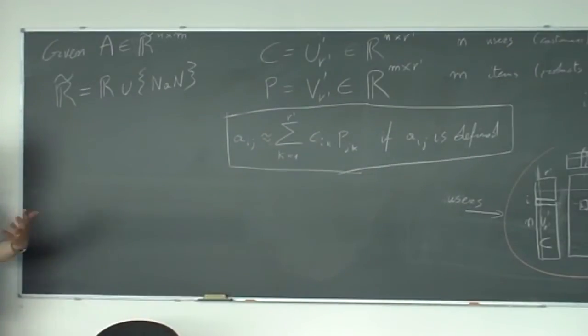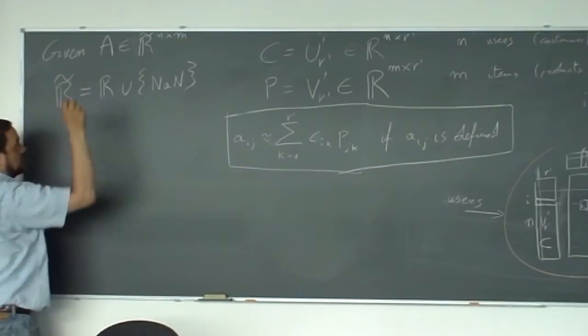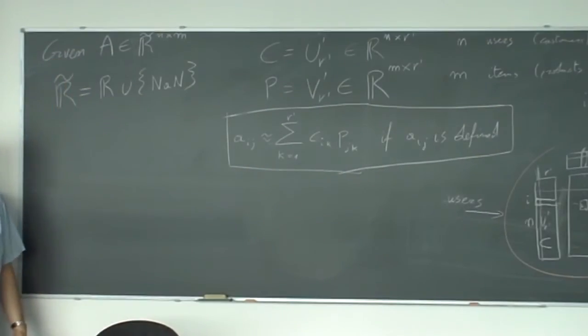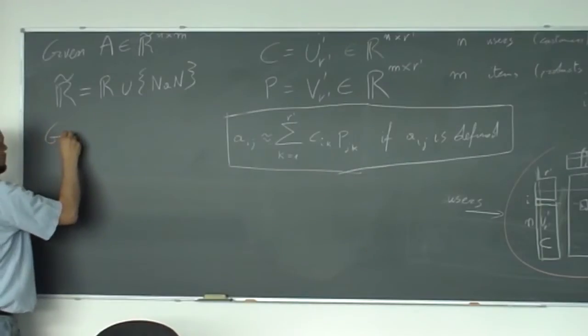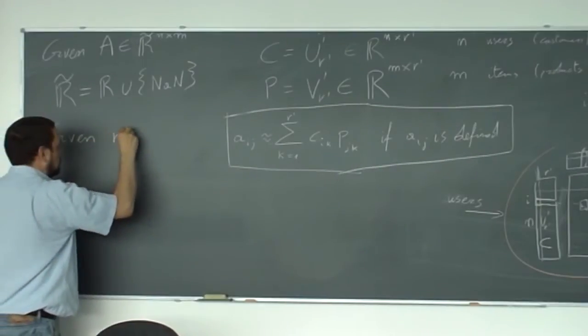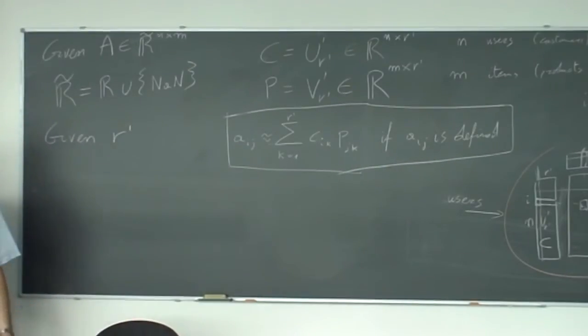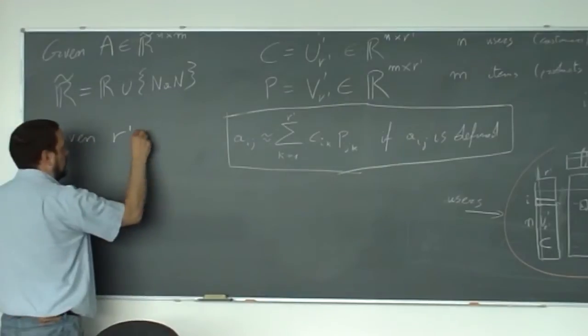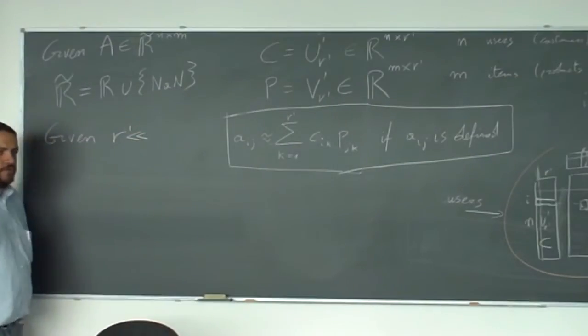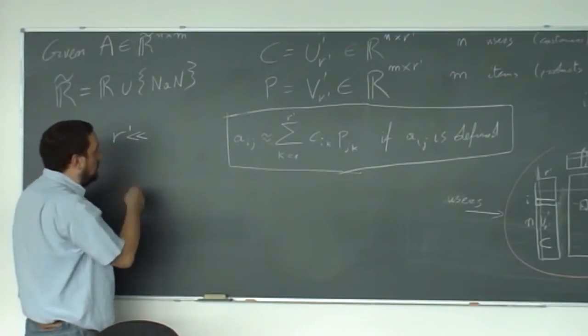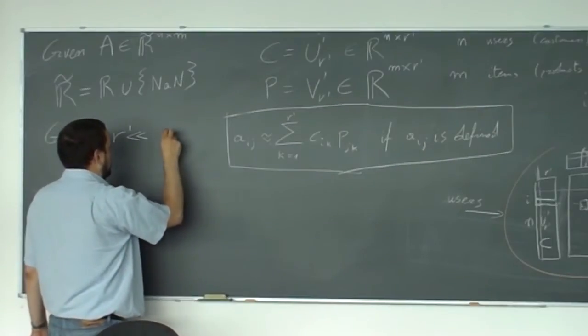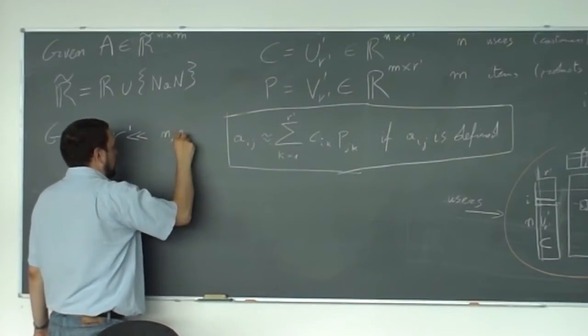Your problem is this. Given this matrix, and given some value of R prime, which, for the sake of computation, we assume is much smaller than both n and m.